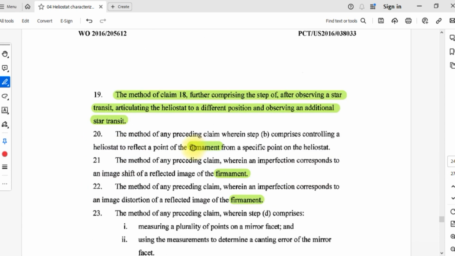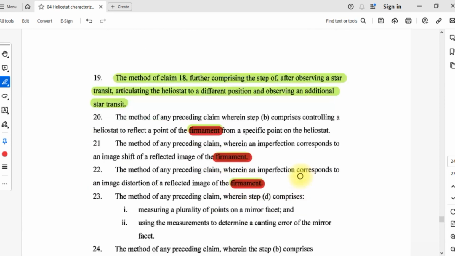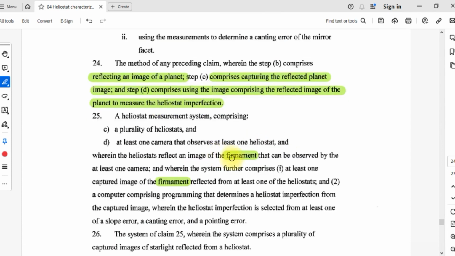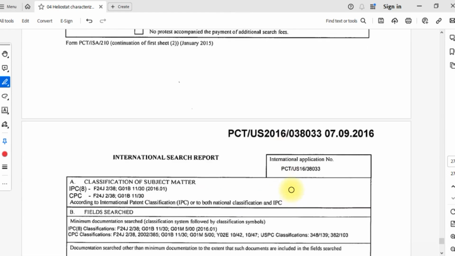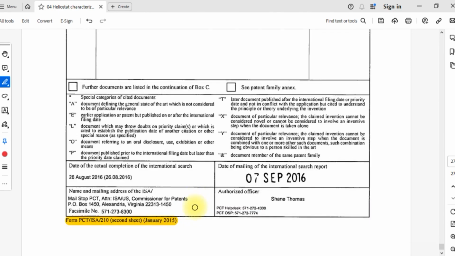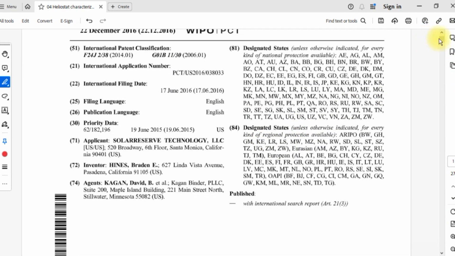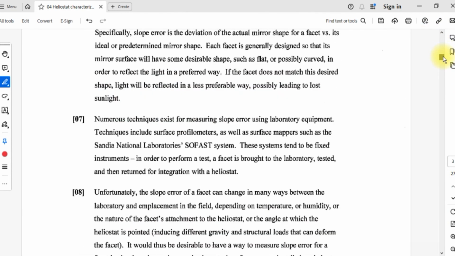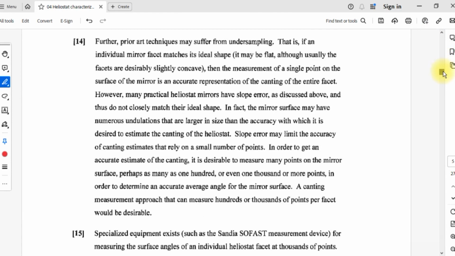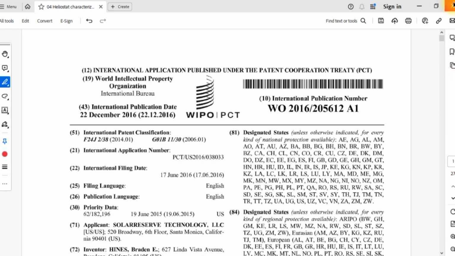This is the end of the document, and lots of firmament references. The firmament doesn't exist? I should have counted, but there are dozens, more than 20 firmament references here. Let's move on to another one.